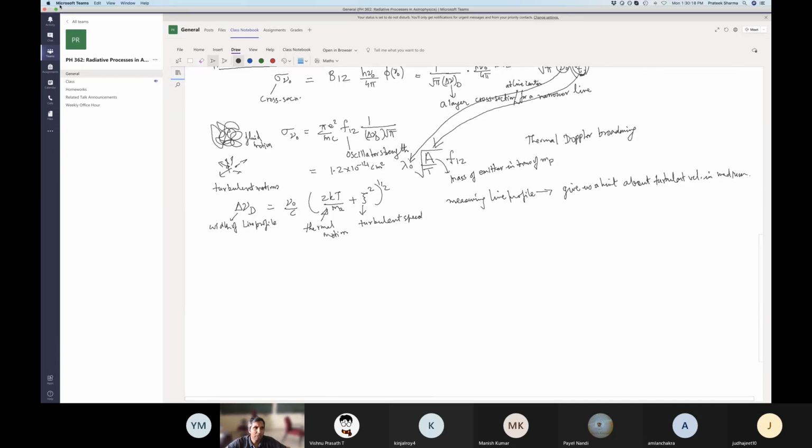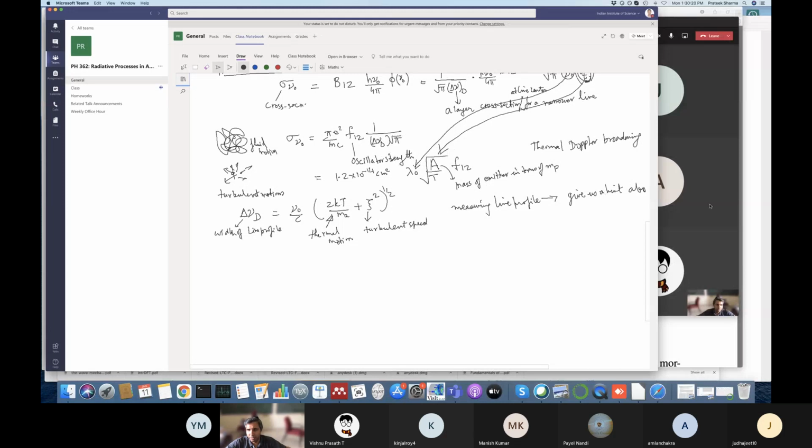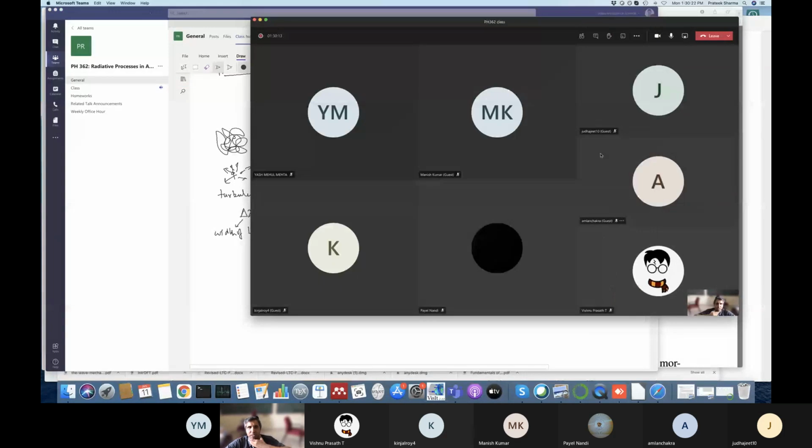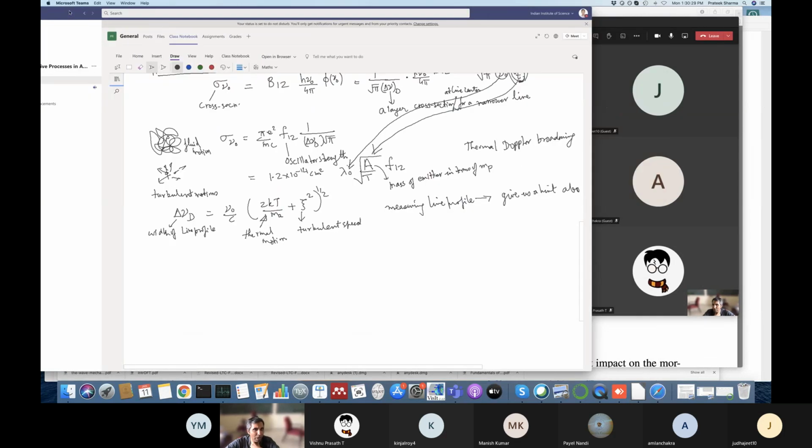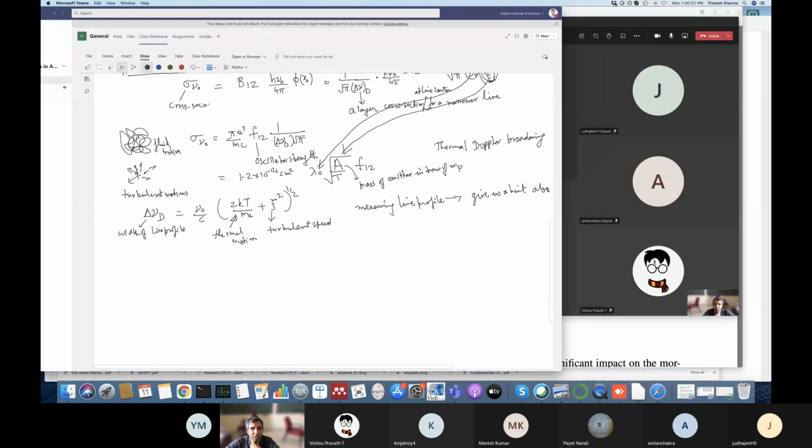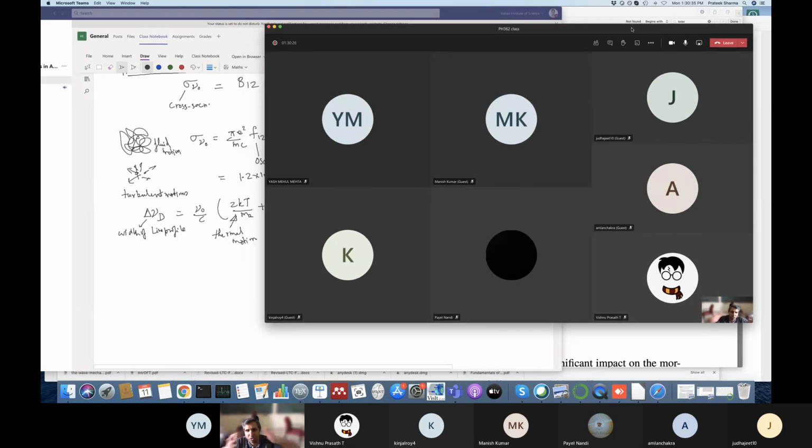Okay, so I'm going to end now. Any questions? In the next class, we'll talk about how the natural line profile and the thermal and turbulent motion of the particles together give rise to the observed line profile.